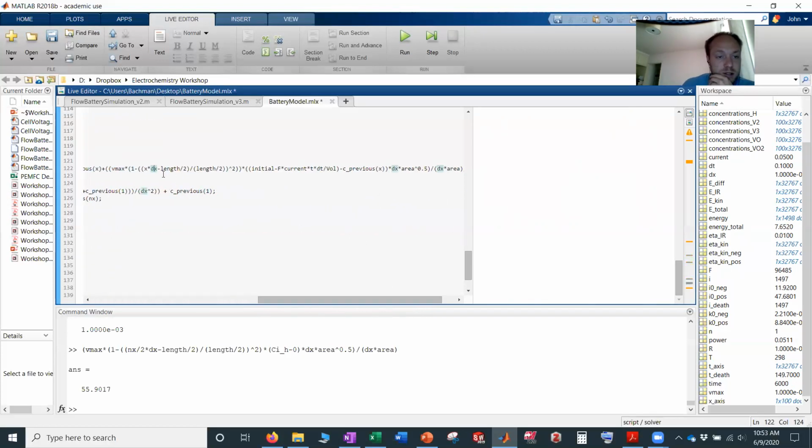So x times dx divided by... so this term is blank.